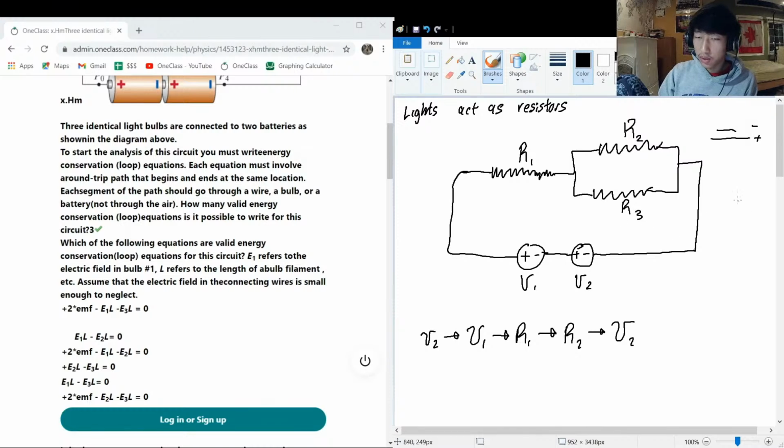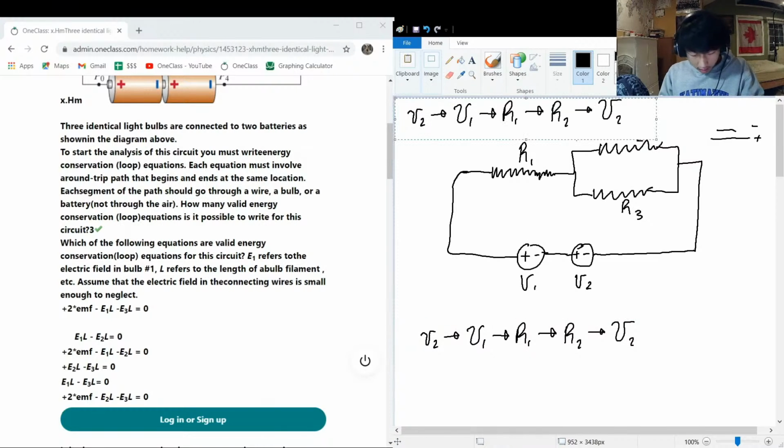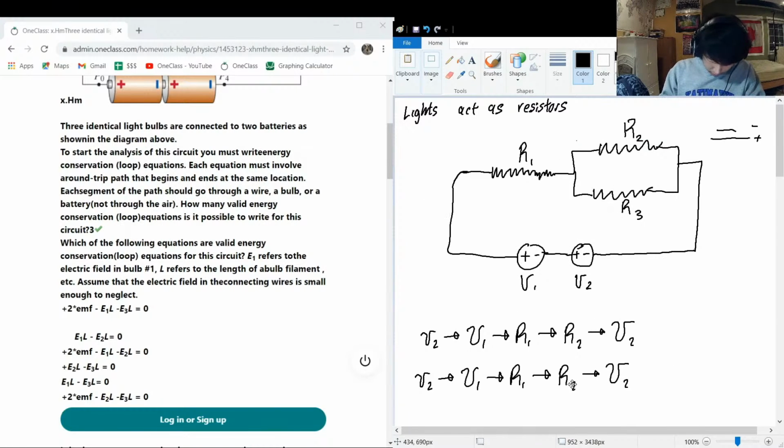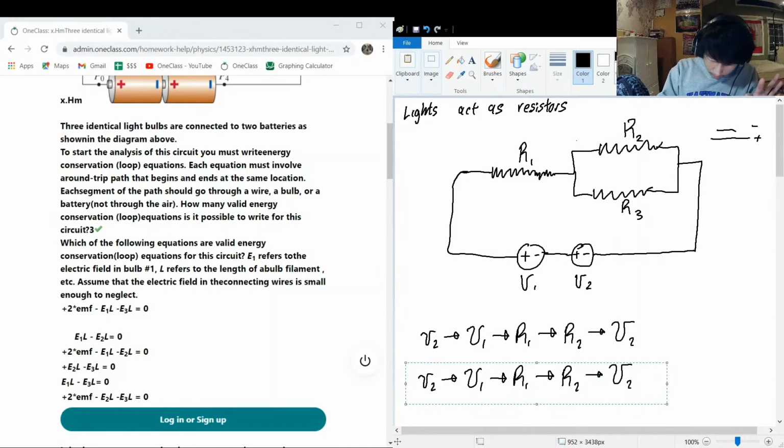Okay, now what if we do the same thing, except instead of R2, we do an R3. That can be a quick copy paste. So this would be another perfectly legitimate and reasonable loop, with R3 instead of R2.